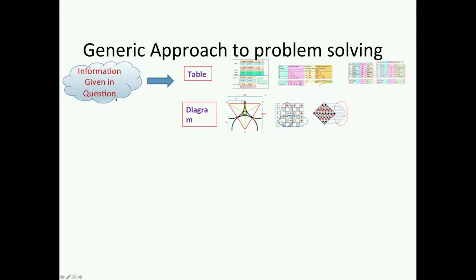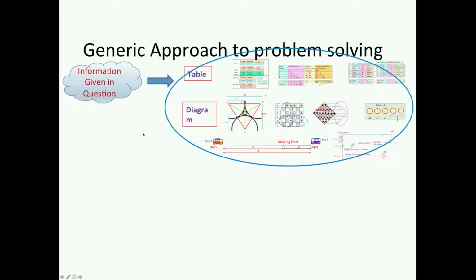So the first step you have to do is basically draw out the information and put it into something which your eyes can very easily see, and information is apparent to you, it's obvious to you. Now, once you have done this, you can start on your journey to solve.